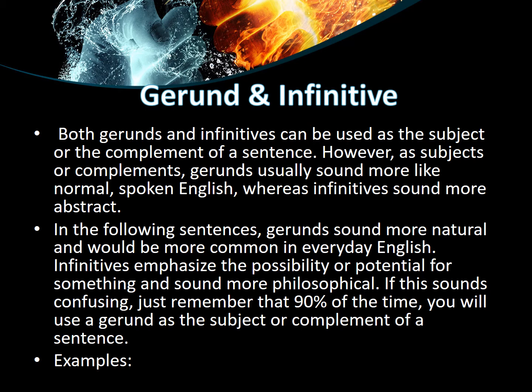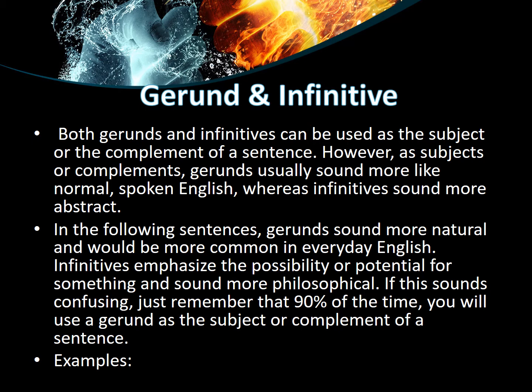In the following sentences, gerund sounds more natural and would be more common in everyday English. Infinitive emphasizes the possibility or potential for something and sounds more philosophical. If this sounds confusing, just remember that 90% of the time you will use a gerund as the subject or complement of a sentence.